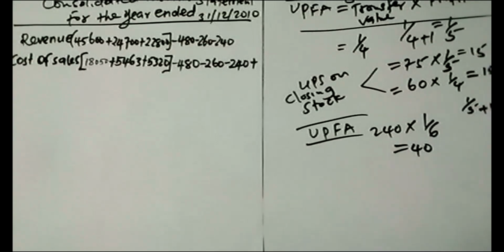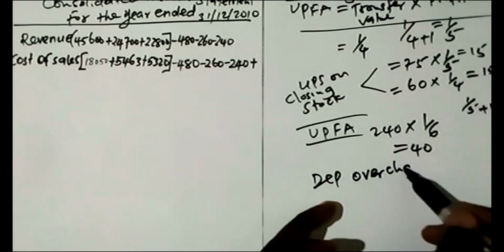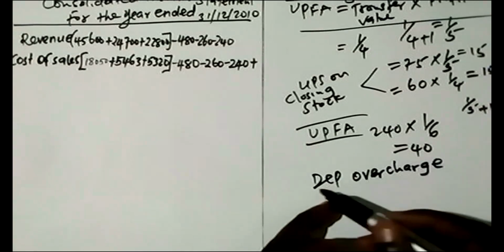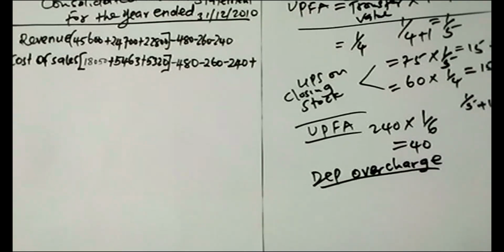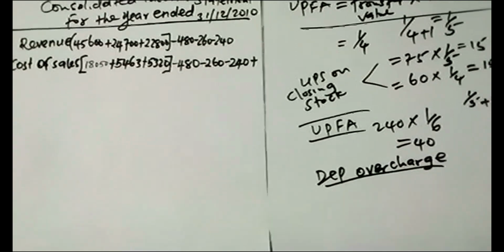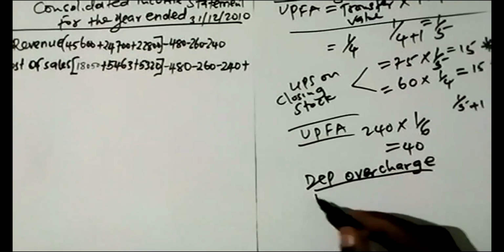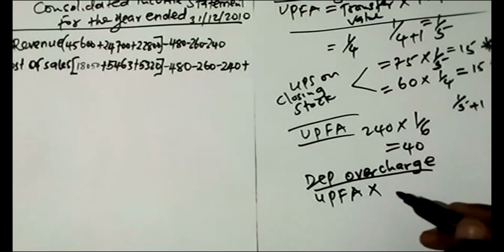This is 40. Then again later, I will come to check for depreciation overcharge. Because when they were transacting, both of them charged depreciation on this plant which was sold. So in order to get depreciation overcharge, you always take UPFA times depreciation rate.